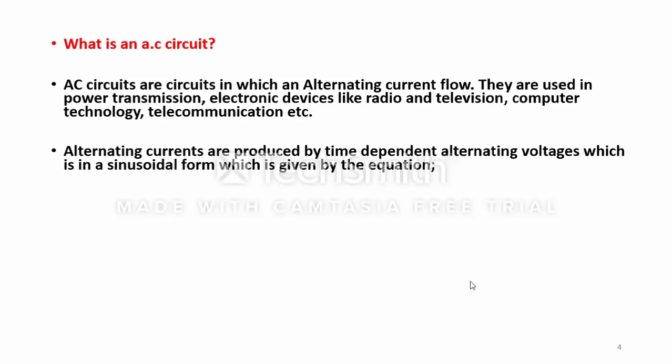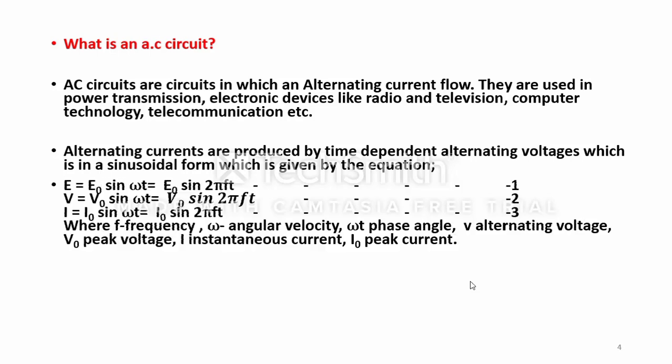Alternating currents are produced by time-dependent alternating voltages, which are in a sinusoidal form. The expressions are written below. Equations 1, 2, 3 represent the equations for alternating current in terms of EMF, potential difference, and current, where f is the frequency, omega is the angular velocity, and omega t is the phase angle.